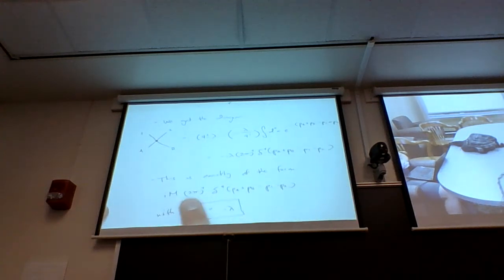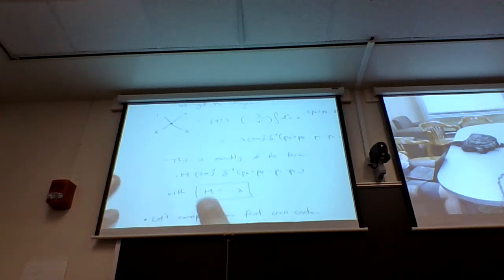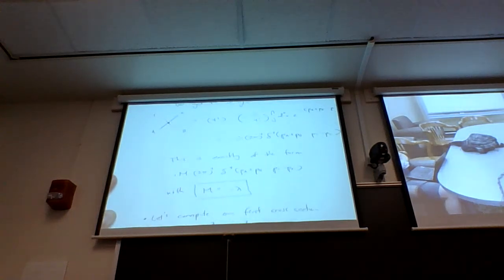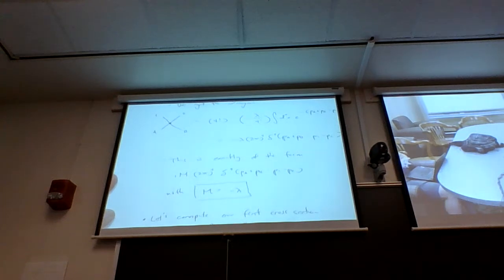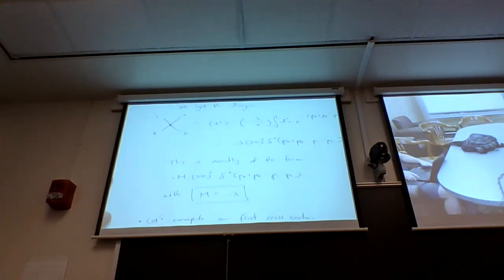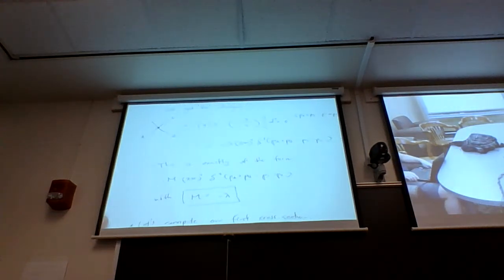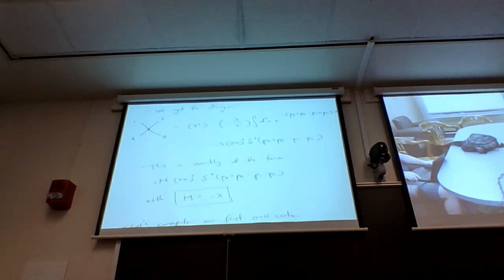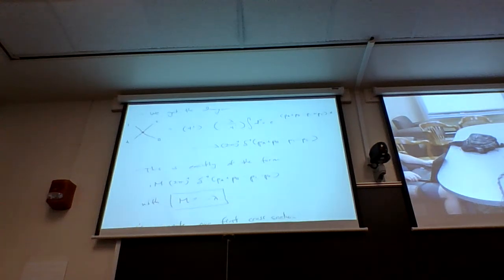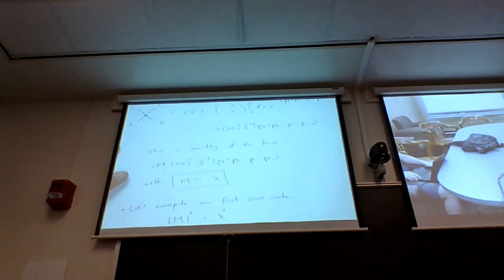It's 2 pi to the 4th delta function, and then i times M, where M here now is minus lambda, okay? It's nothing exciting, nothing super mind-blowing, but it is a non-zero contribution to the scattering amplitude, okay? So we've got a non-zero matrix element.